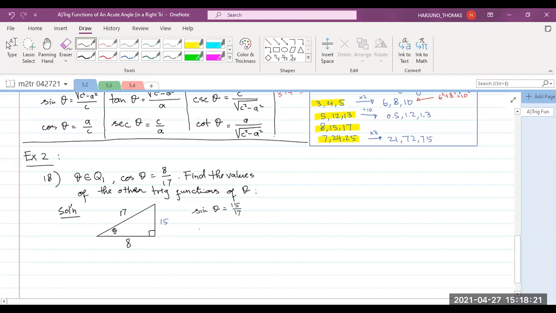We already have cosine theta, that's given. Tangent theta is 15 over 8. Secant theta is the reciprocal of cosine, cosecant theta is the reciprocal of sine, and cotangent theta is the reciprocal of tangent. Boom, you're done.